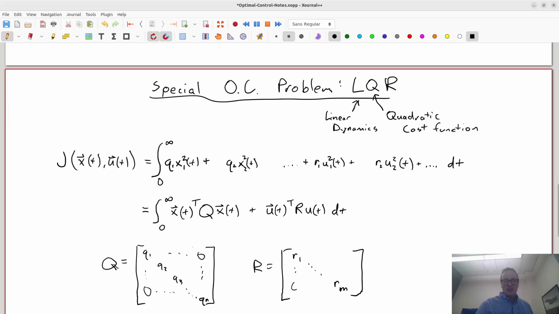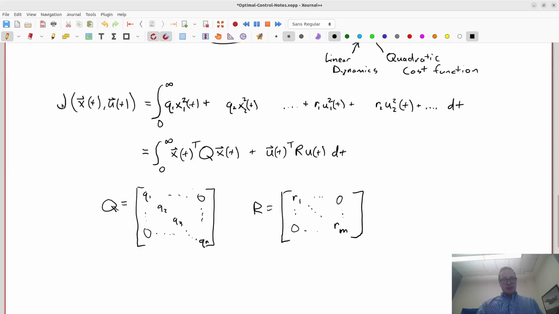If you had off-diagonal elements, they would penalize combinations of different states and controls, but with the on-diagonal elements, they just penalize the individual variables. That allows us, with this objective function, to formulate this optimization problem based on this quadratic objective.